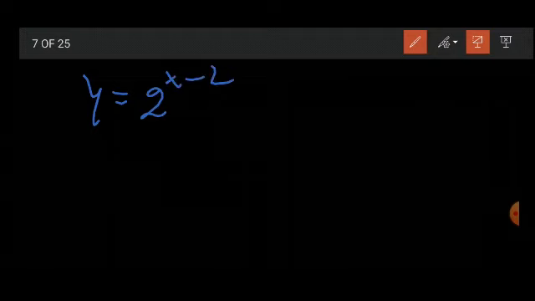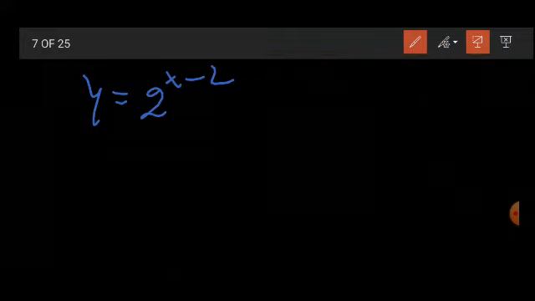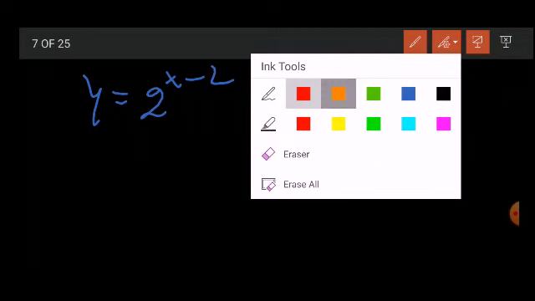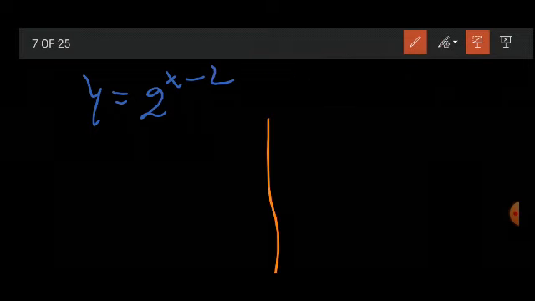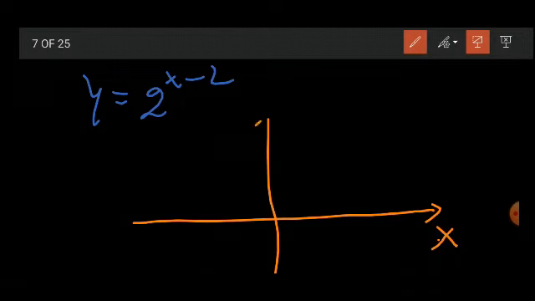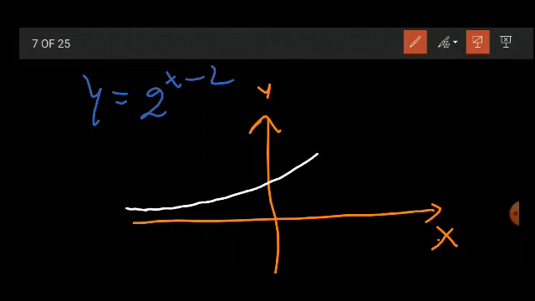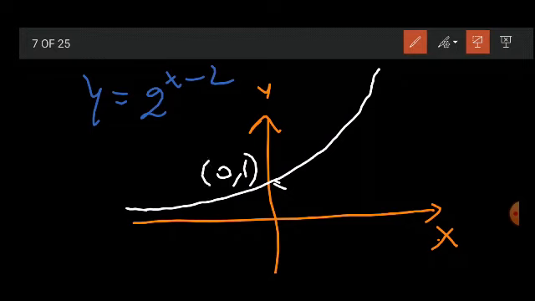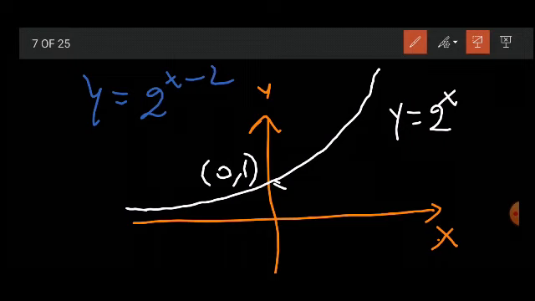So we will plan step 1: we have to draw first of all the graph of y equal to 2 to the power x. Let me draw first. Here this is the x axis, and this is the y axis, and this is the graph of y equal to 2 to the power x. This is the point 0, 1, and the graph is y equal to 2 to the power x, right?